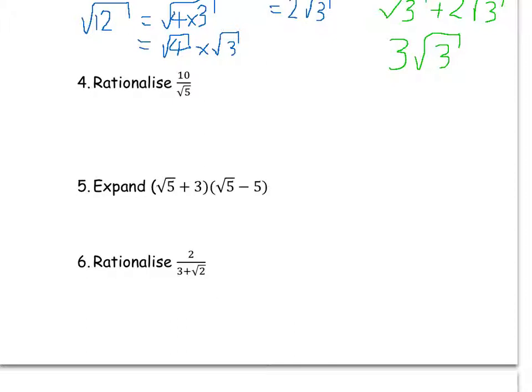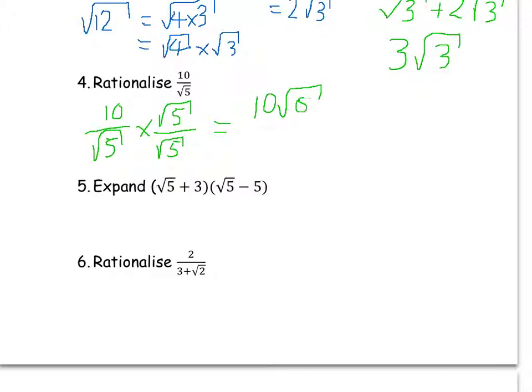Okay, so we're going to do 10 root 5 times root 5 over root 5. Now 10 times root 5 is just 10 root 5, but there's something really clever that happens at the bottom here. Root 5 times root 5 actually gives you the answer 5, which makes sense.